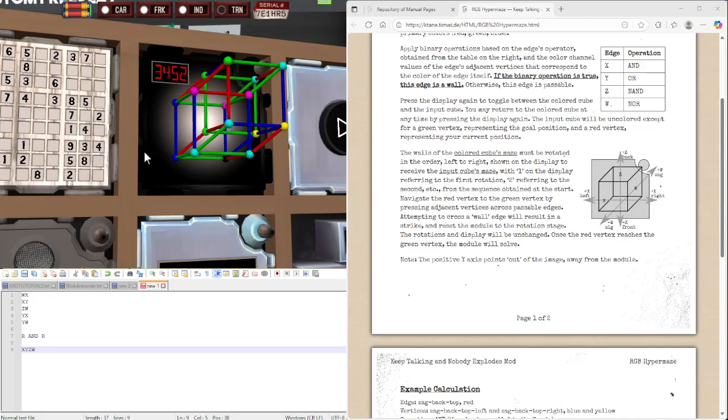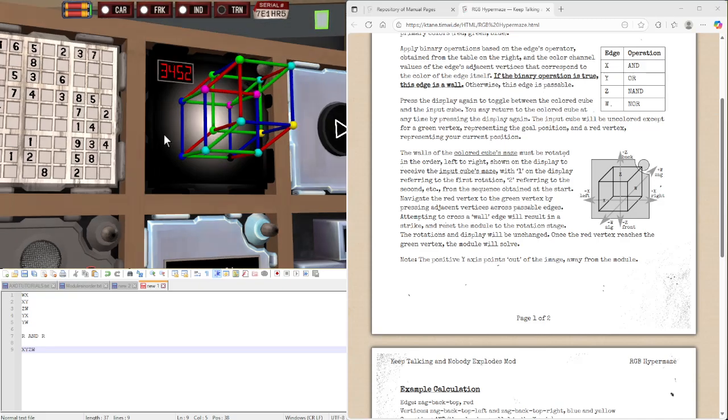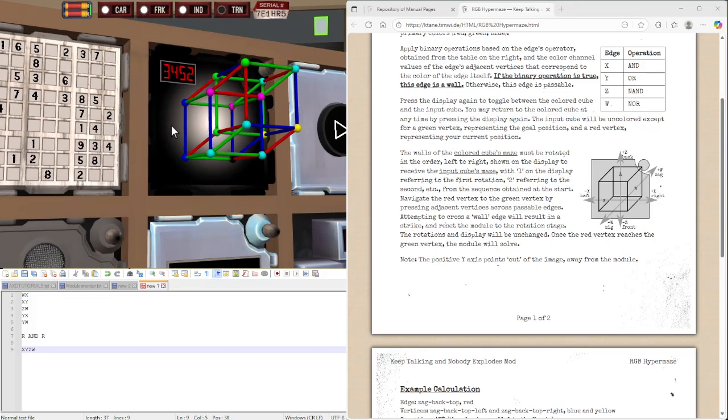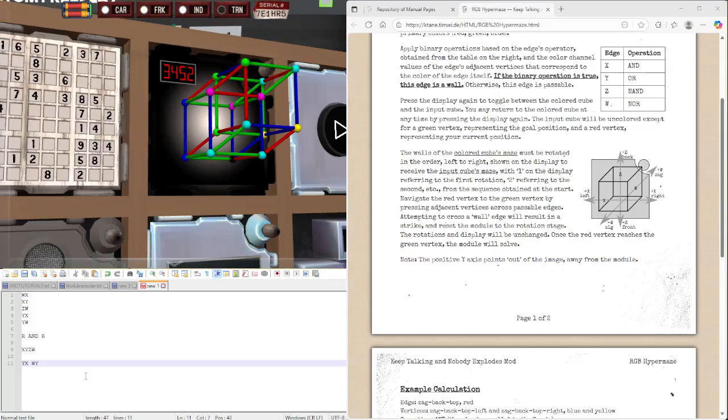That's what it is. So can we go down here? So to basically get the inverse, we do YX, WY, XY, WZ.